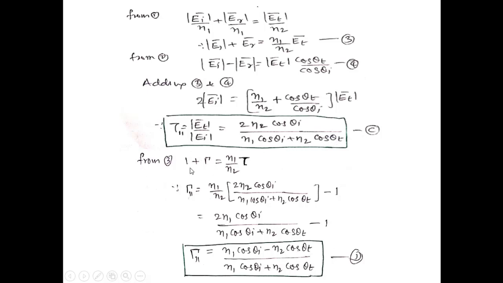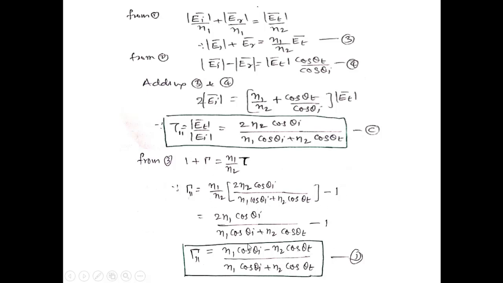From 3, we will get 1 plus Γ equals η1 by η2 into τ. Therefore, for parallel polarization, the reflection coefficient is given by η1 by η2 into bracket 2η2 cos θ_i divided by (η1 cos θ_i plus η2 cos θ_t).